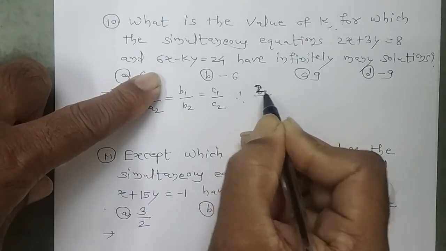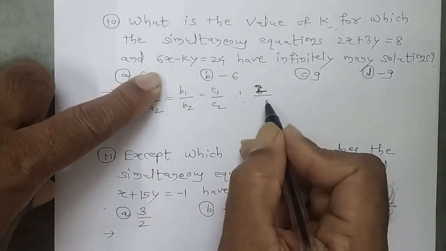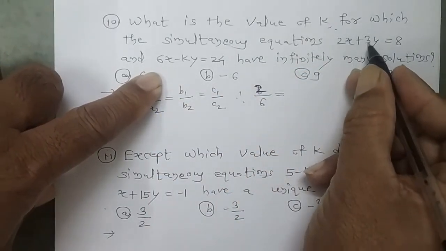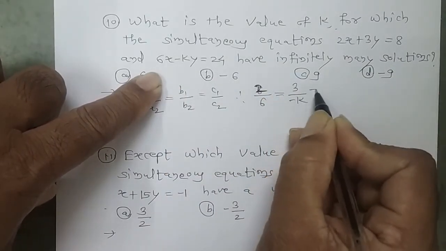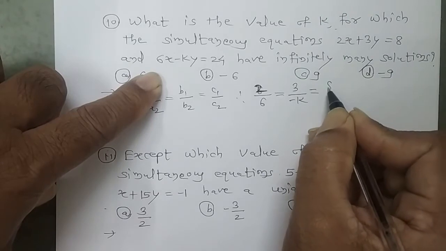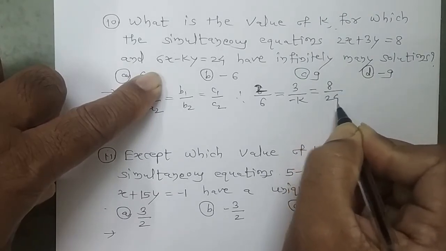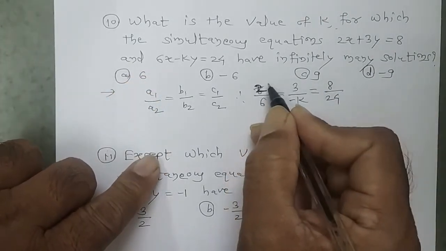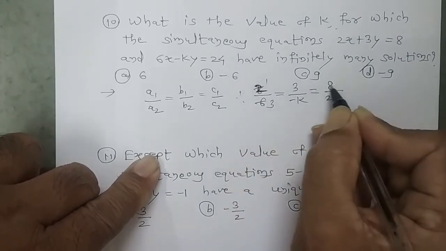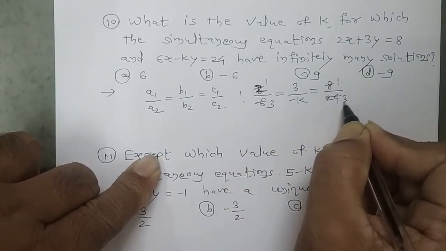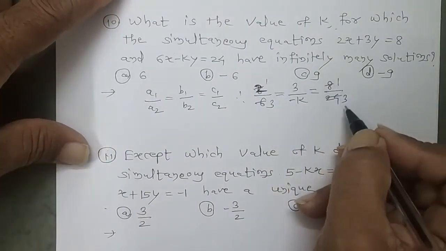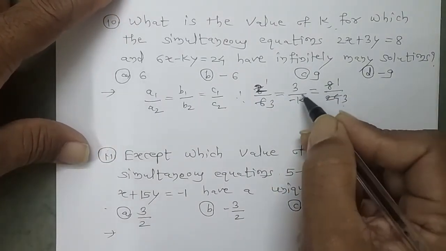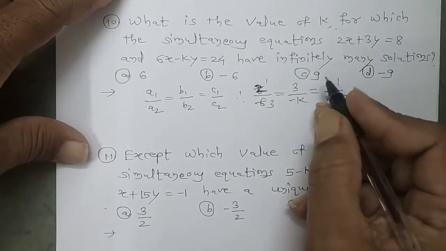a1 is 2 divided by a2 is 6, is equal to 3 divided by minus k, is equal to 8 divided by 24. Now here dividing by 2 gives 1 upon 3, dividing by 8 gives 1 upon 3. Now these two are equal, 1 upon 3, 1 upon 3, therefore this is also 1 upon 3.